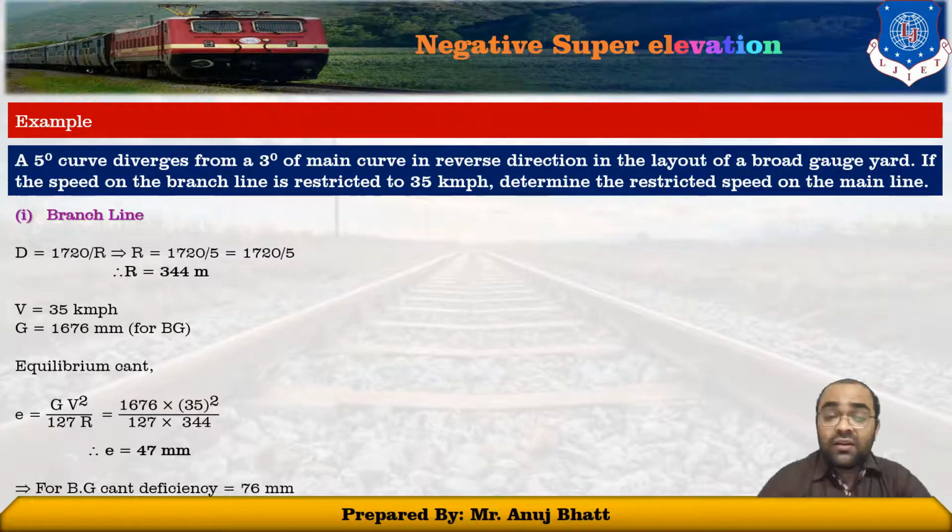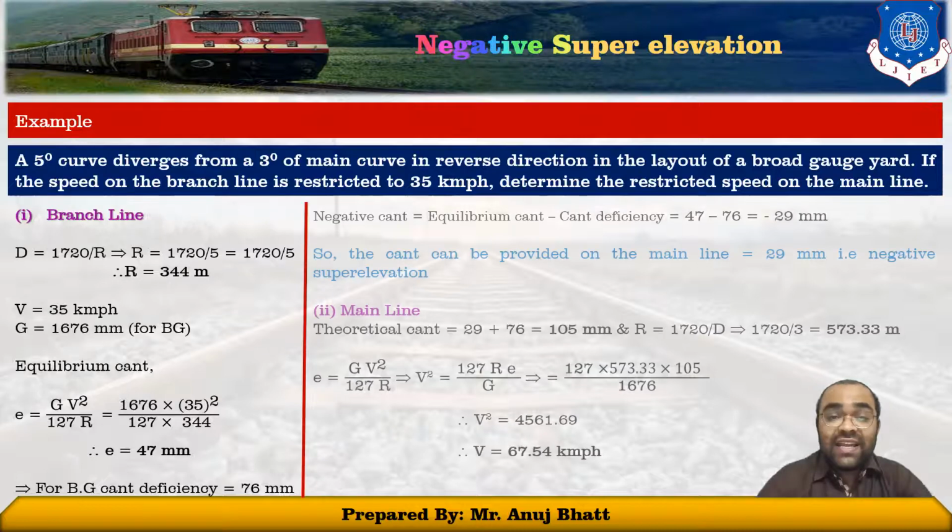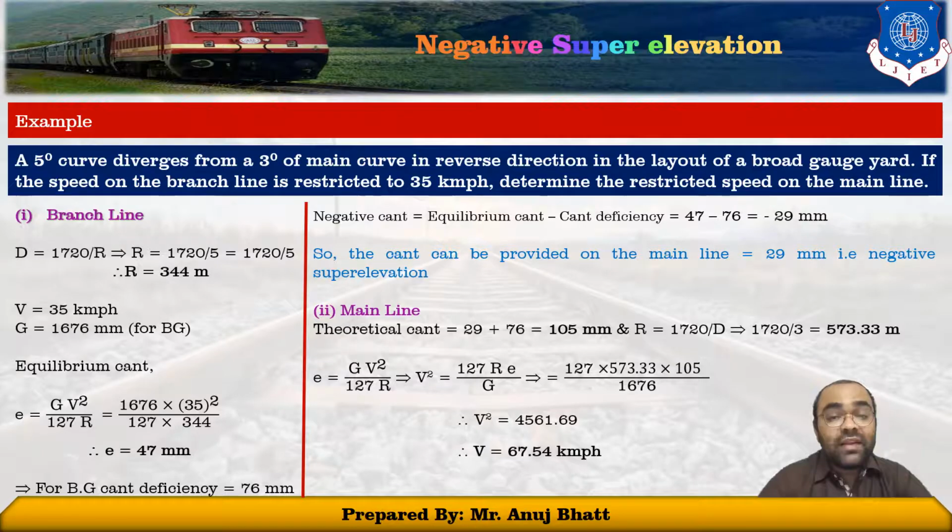Well, here the cant deficiency is not mentioned. So on the broad gauge, up to 100 km per hour speed, we have to take the cant deficiency as 76 millimeter. The negative superelevation is equal to equilibrium cant minus the cant deficiency, which is 47 mm minus 76 mm.